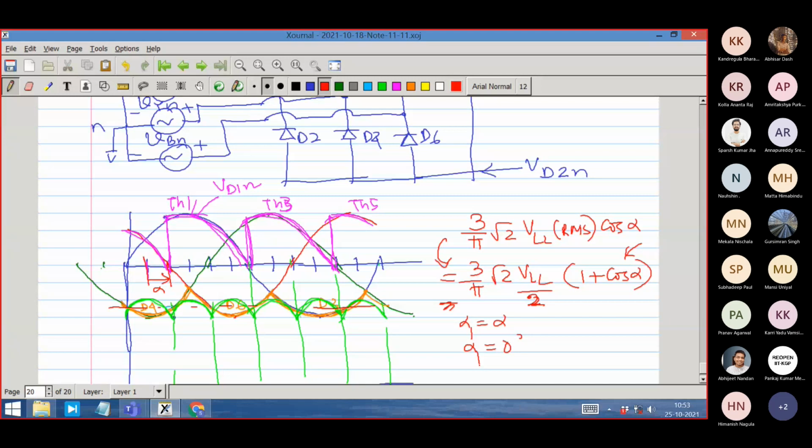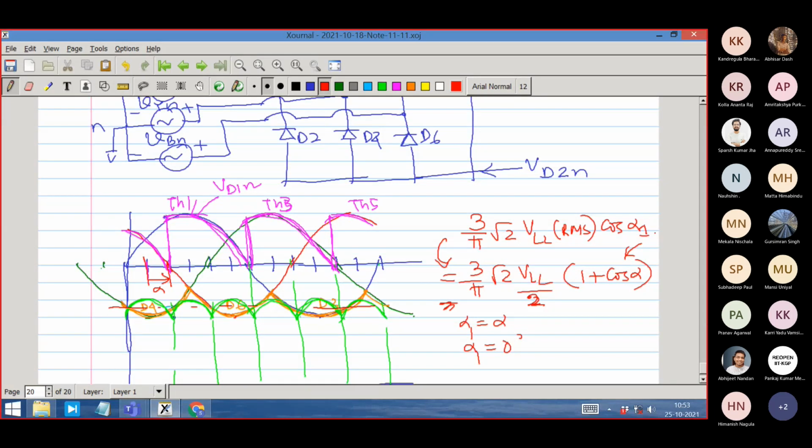The formula, let us write it as 2 cos alpha 1, then it will be very generic. This way you can find the output of the semi-bridge converter.